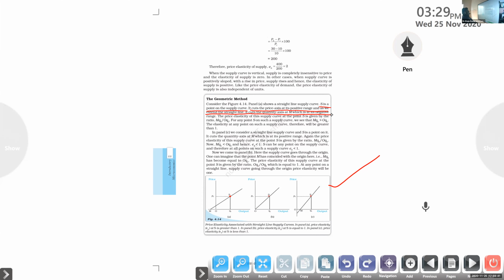This is the price axis, the red vertical line. So the supply curve meets the price axis in its positive range. If you extend the line to the x-axis, the line will go to the negative side.